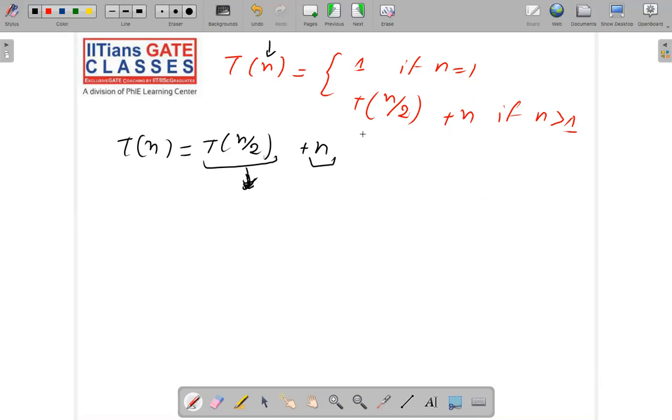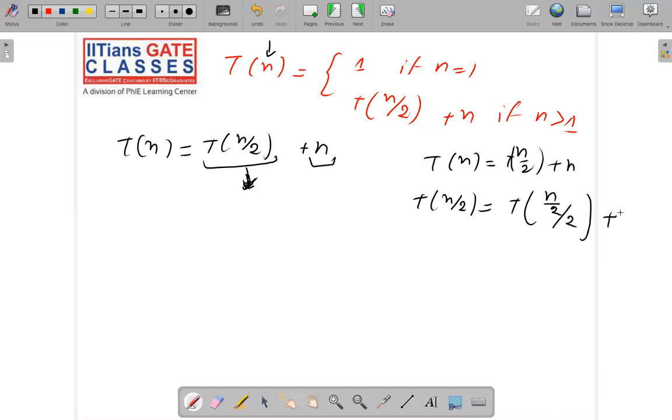We are given that T(n) equal to T(n by 2) plus n, right? This is given. Let's replace n with n by 2: T(n by 2) equals T(n by 2 divided by 2) plus n by 2. We have replaced n with n by 2.